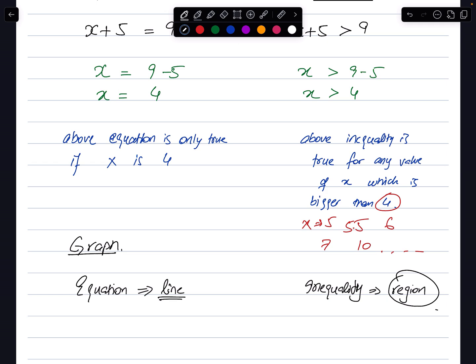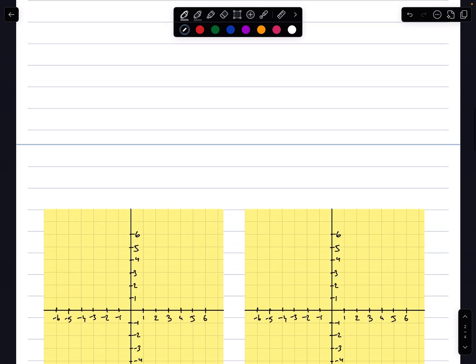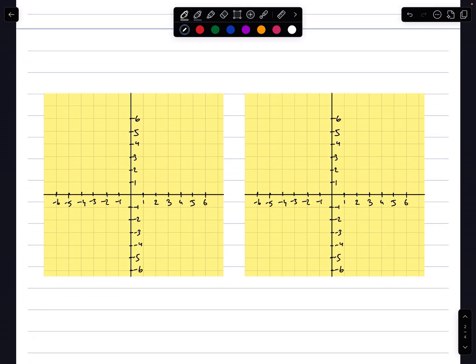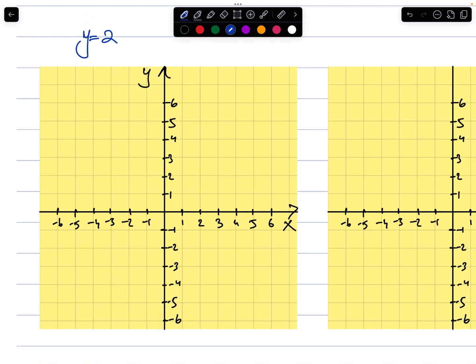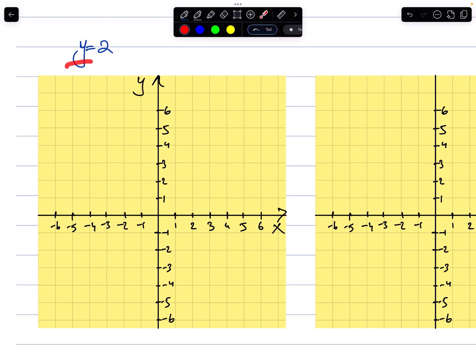To get a better idea, let's say this is the x-axis and this is the y-axis, right? For example, I have an equation y equals 2, let's just say. So my child, remember, whenever an equation is y equals any number, that always has to be a horizontal line.